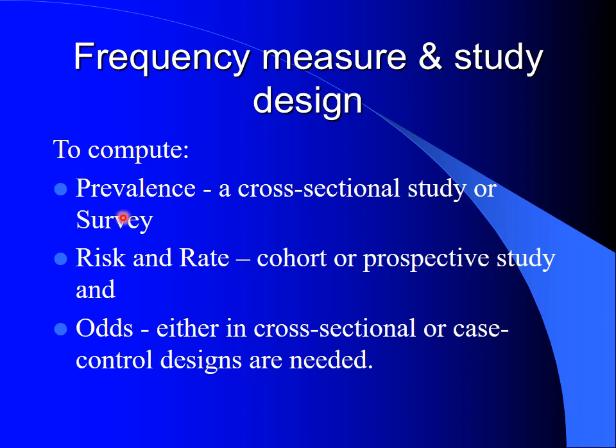Prevalence is computed for a cross-sectional study or a survey, and risk and rate are computed for a cohort study, for a follow up study, and odds are computed for a cross-sectional study or even a case control study also. These terminologies will be explained in a different video. These are different study data collection formats, the format under which you collect the data.